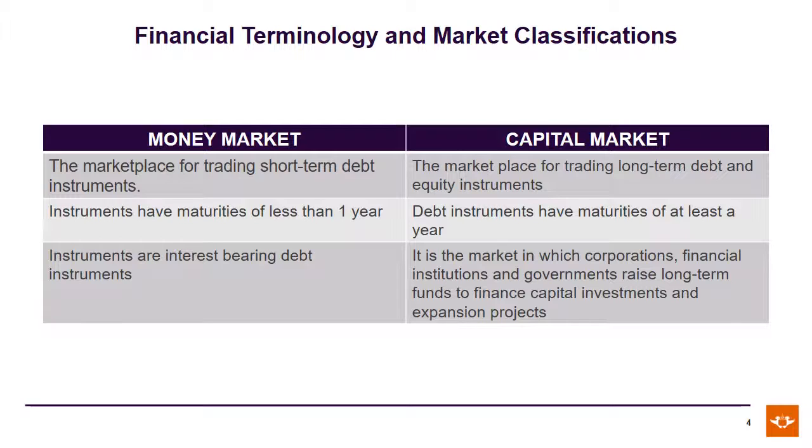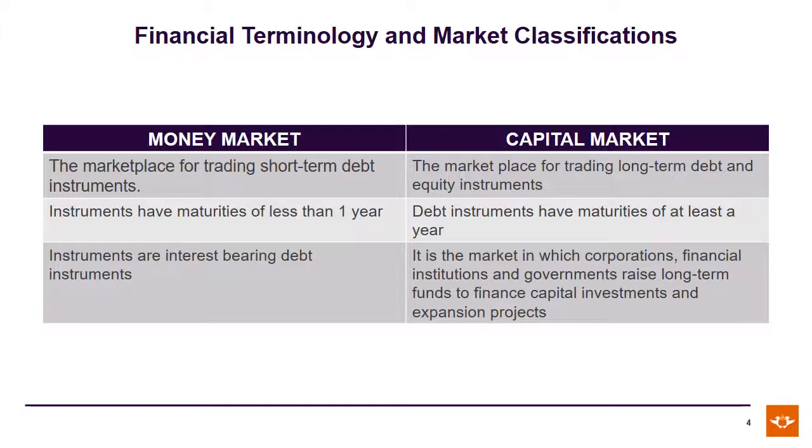In some instances, the instruments are discounted instruments, so you buy them at a discount to their face value, and when they mature, you get the face value back. And other instruments are interest-bearing, so you get interest in addition to the face value. It's a very, very low-risk market, which means that the returns on these markets are very low as well.